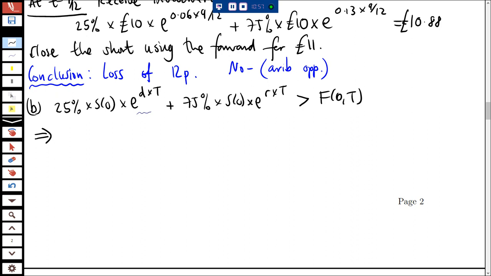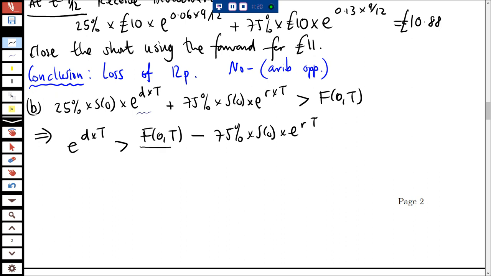So actually what we have is e to the D times T must be bigger than the fair value of the forwards, subtract 75% of the share price compounded times T, and I want to divide all of this by 25% of the share price today.